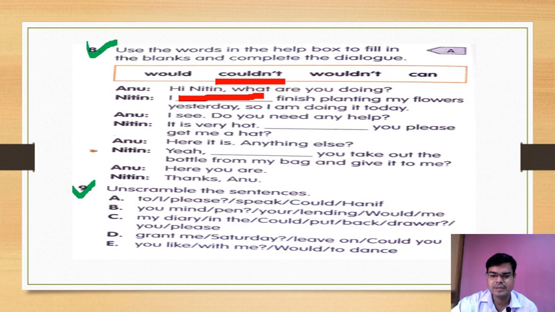This first will be could, then I speak to honey, last will be please. Like that you have to make one regular or meaningful sentence. Okay, so please complete the remaining four like that.